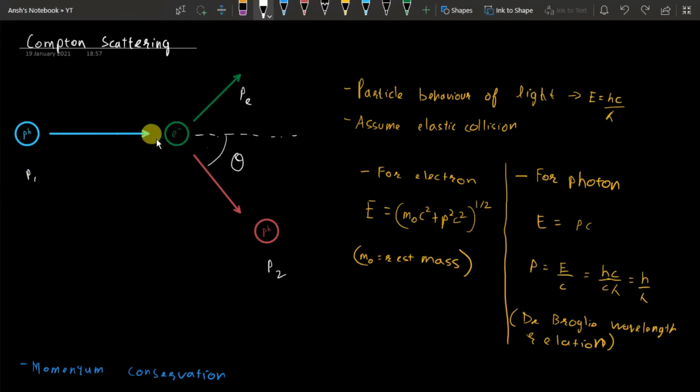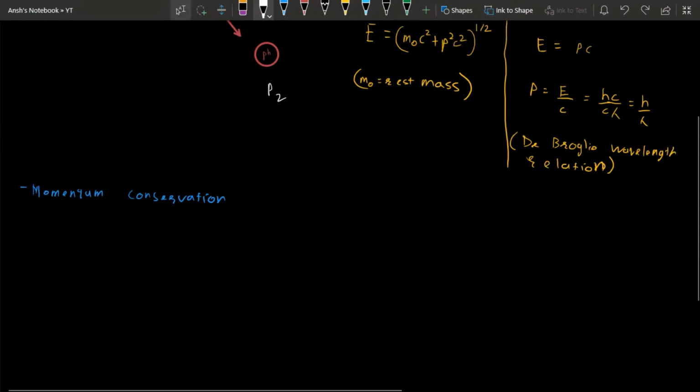But when it interacts with the electron and gives some of its momentum to the electron, the electron will have a non-zero momentum pe, while the photon will change its momentum from p1 to p2. So we can write momentum conservation as p1, which is the initial momentum, equal to p2, which is the final momentum of the photon, plus pe, which is the final momentum of the electron.